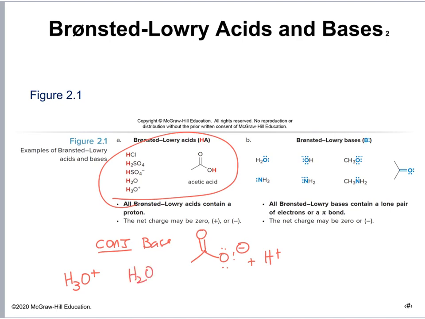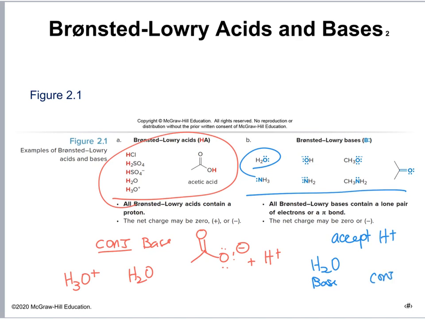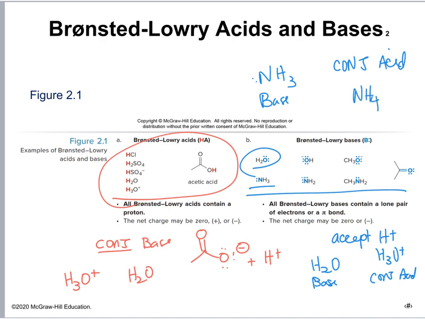Now, Bronsted bases will accept a proton. So water is a base, so its conjugate acid would be H3O plus. Ammonia, NH3, that's in Mr. Clean. When its conjugate, so if this is a base, it has a conjugate acid, and that would be NH4 plus.